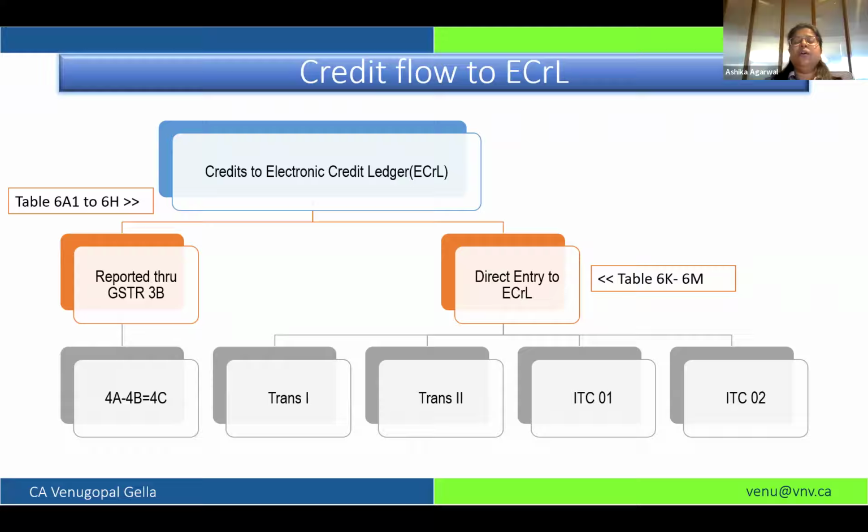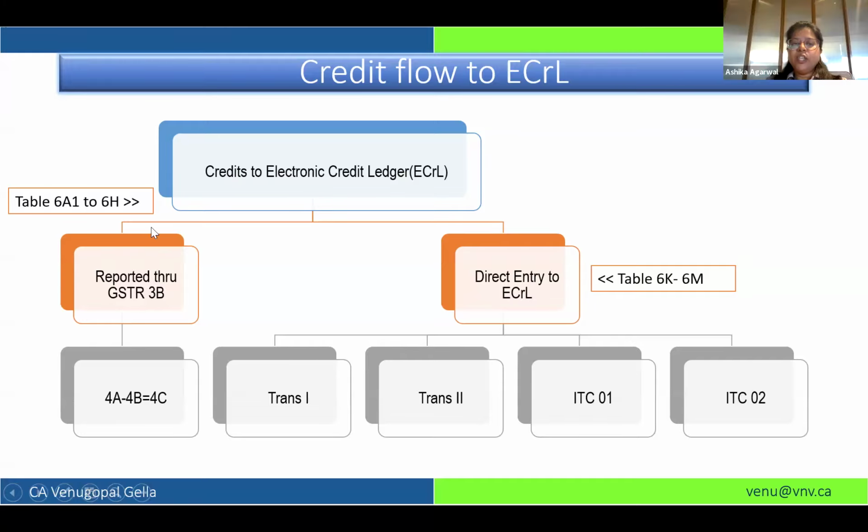There are others where the credit goes directly: Tran 1, Tran 2, ITC 01 and ITC 02. Tran 1 and Tran 2 are no more applicable now because all the extensions given by the Supreme Court are over, but if some dispute is going on, it may come. ITC 01 and ITC 02 will be there. If there is a takeover or merger, these forms come into the picture.